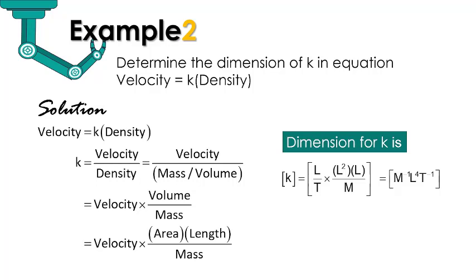From the equation, velocity is L over T, area is just L squared, length is L, and mass is M. Substituting all the dimensions, we get the dimension of k, that is M to the power of -1, L to the power of 4, and T to the power of -1.